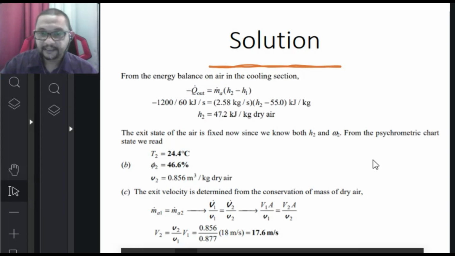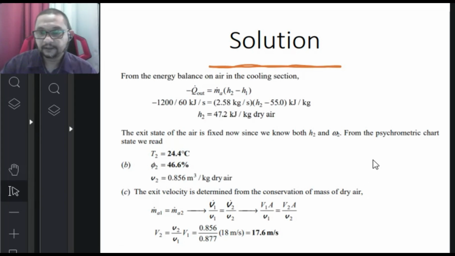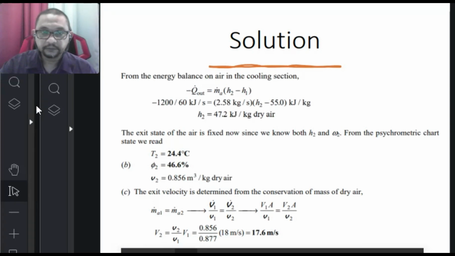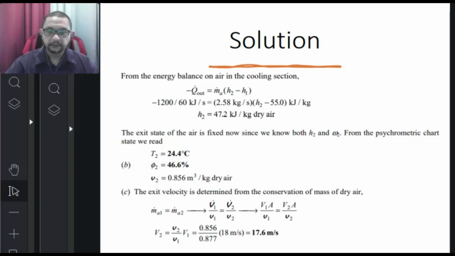To find the exit velocity, we can use the equation of conservation of mass for the dry air. The exit velocity is determined from the conservation of mass of dry air.